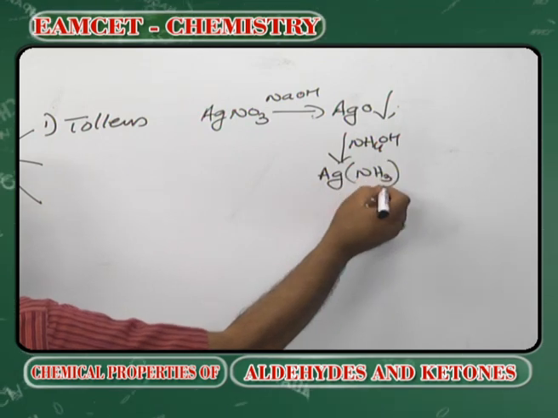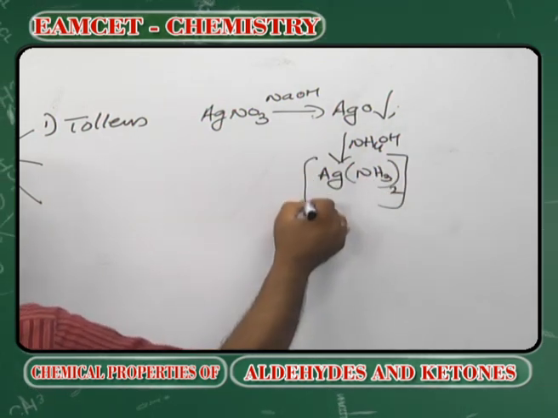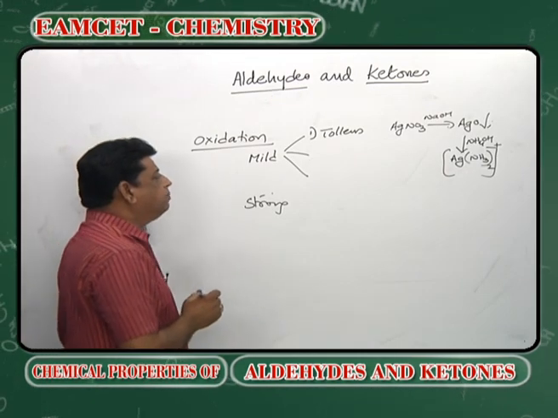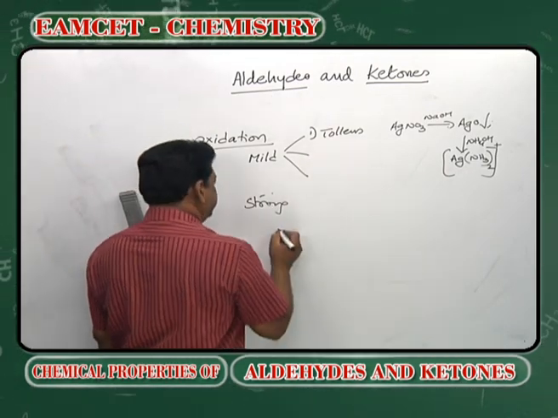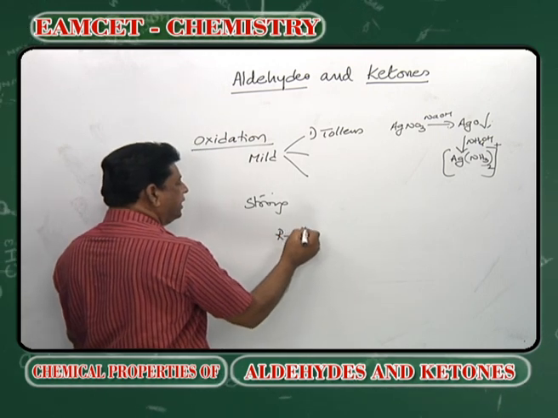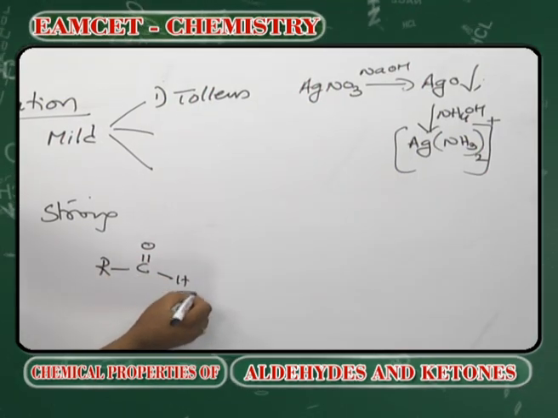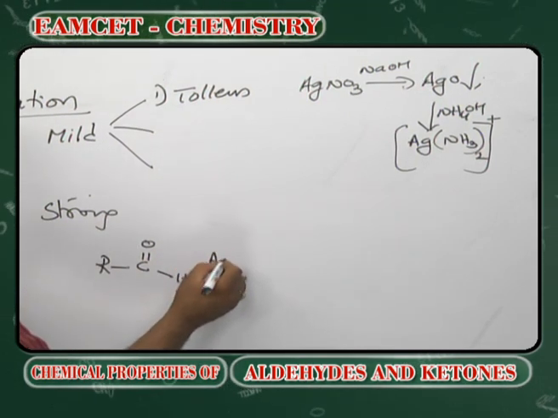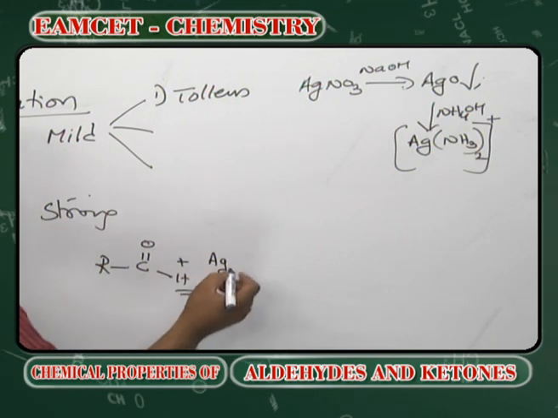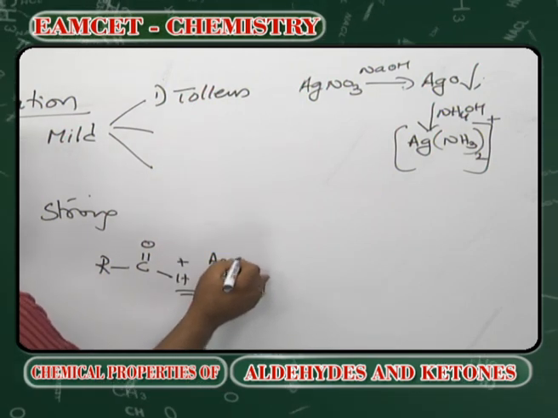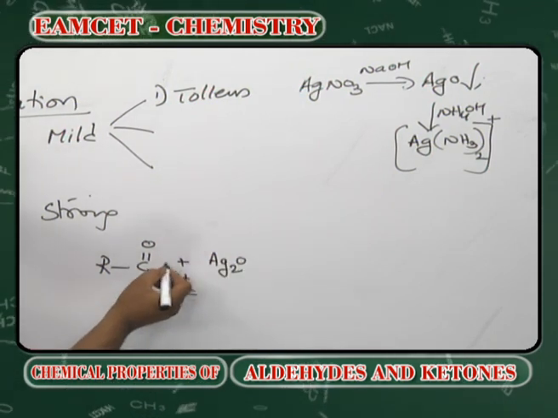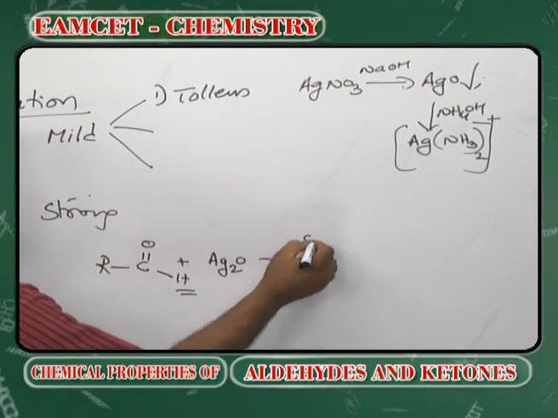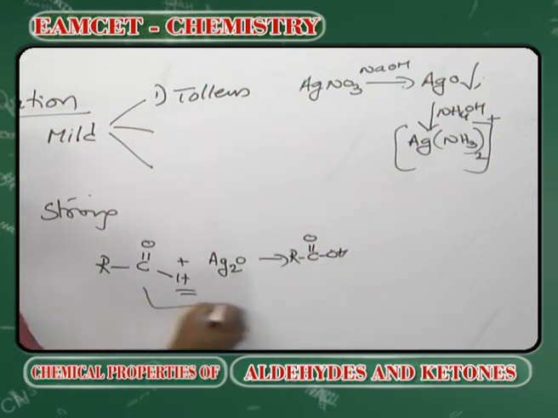NH3 taken twice gives a complex with silver plus. Now this silver plus, when you add it to the aldehydes, which contain one hydrogen ready to oxidize. If that reagent is added, what happens? Take Ag2O. This oxygen is given here so that the aldehyde will become an acid. This is an oxidation reaction.